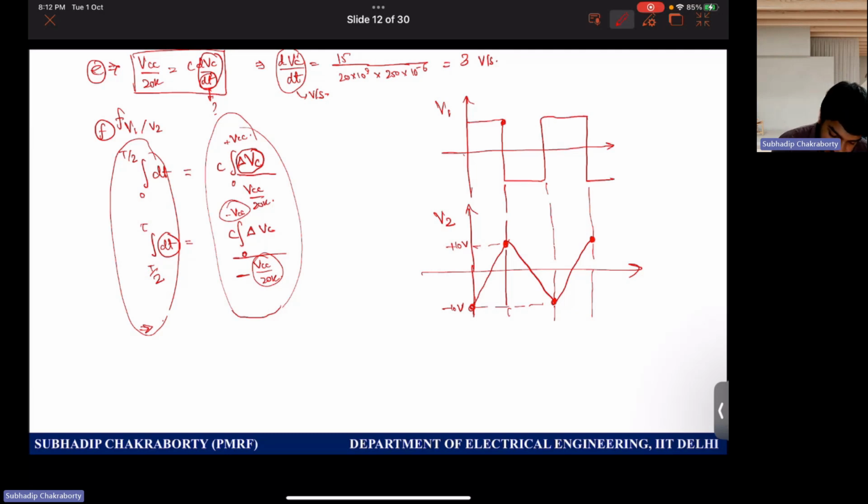So we are estimating this time period in one cycle and this time period in another cycle, and calculate the net time period.